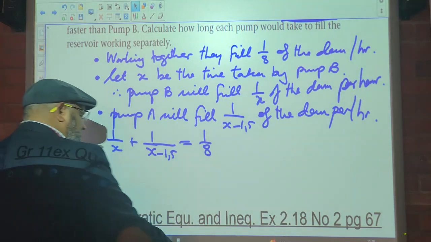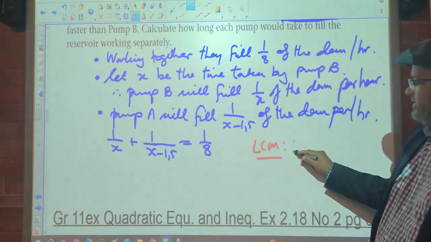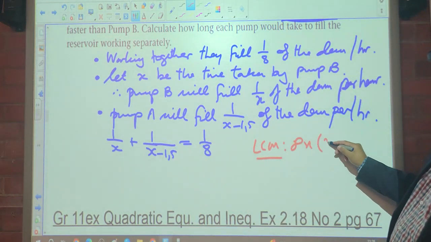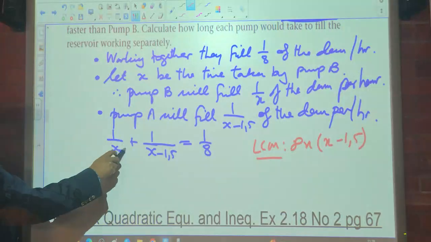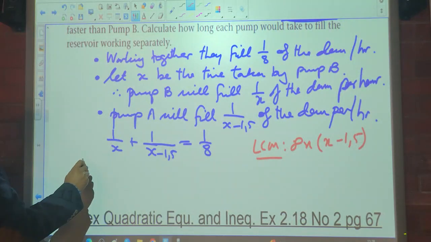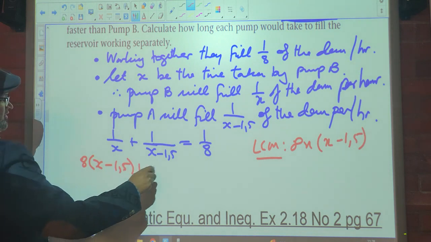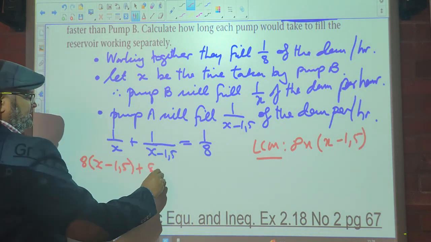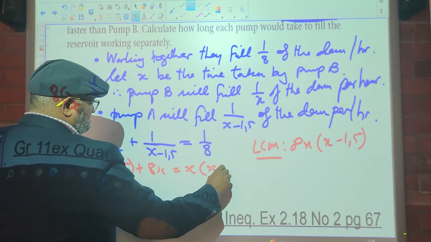So what's your LCM here, people? 8x into x minus 1.5. So what must this be multiplied by? 8 into x minus 1.5. What must this be multiplied by? 8x. This was multiplied by x into x minus 1.5.